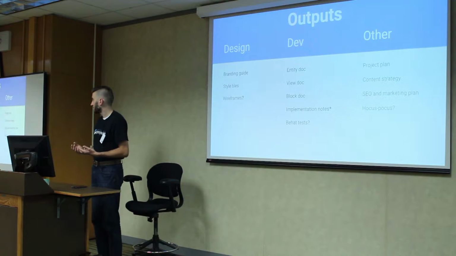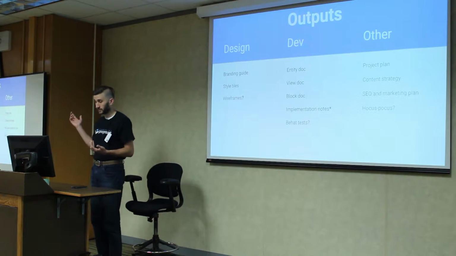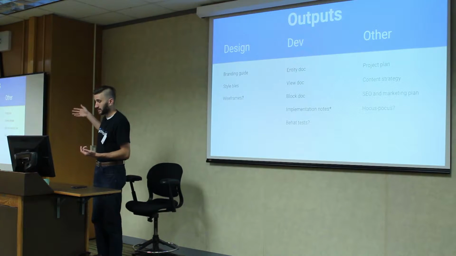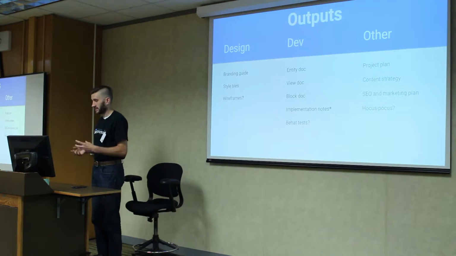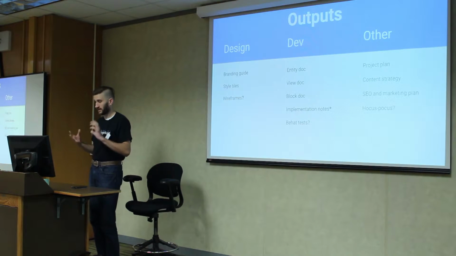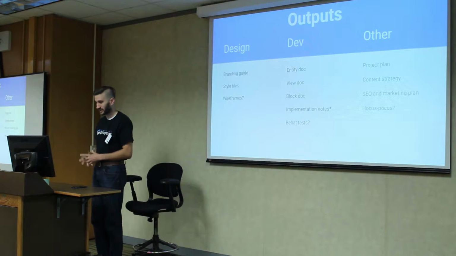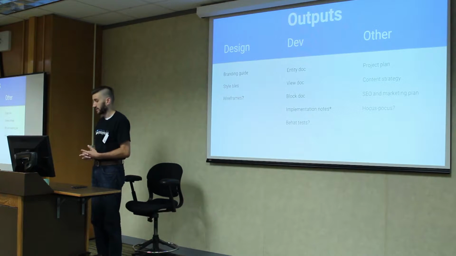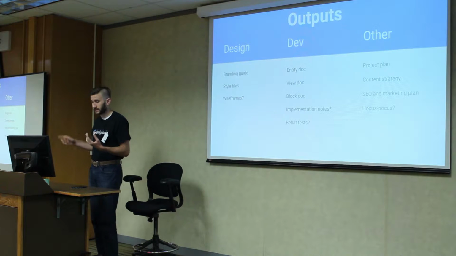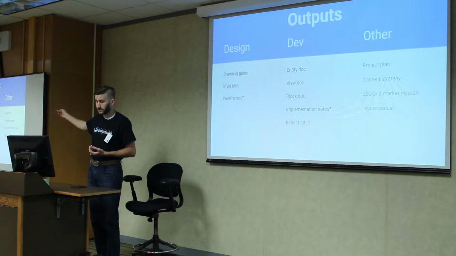On the developer side of things, mostly I just wanted to write the word block doc, but those three things at the top are the ones that, if the developer doing the discovery is different than the developer doing the site build, they're just going to glom onto and find useful for implementation. I've got this asterisk next to the implementation notes here.